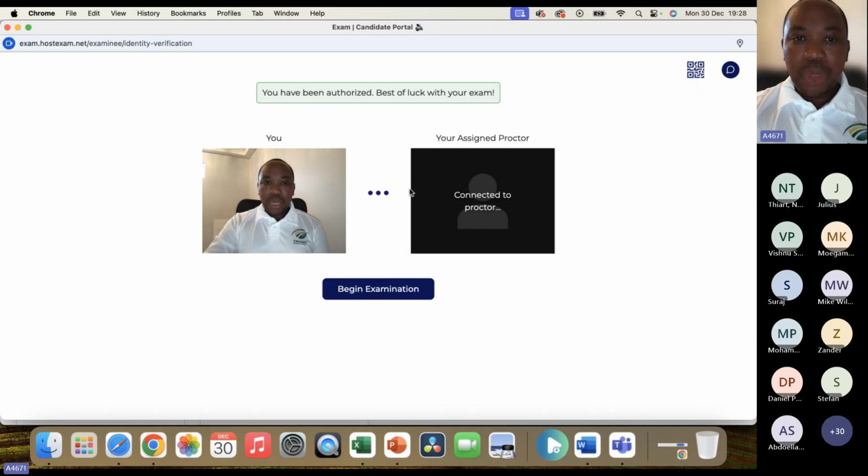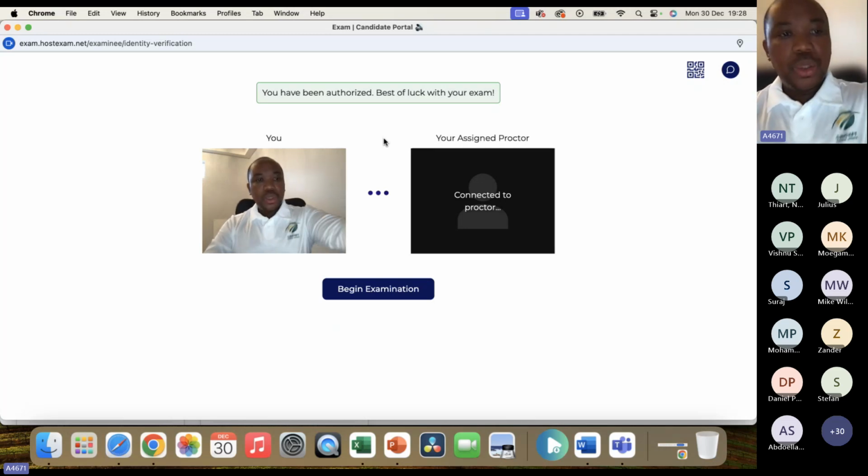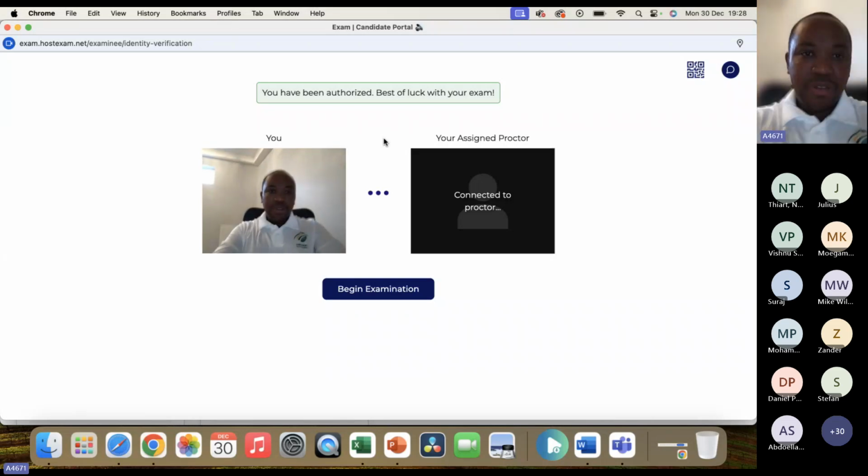What Abdullah or myself as the proctors might also do is ask you as the exam candidate to show your room surroundings using the webcam of your device.